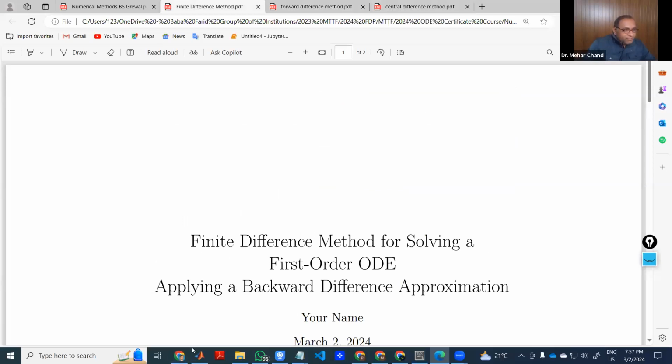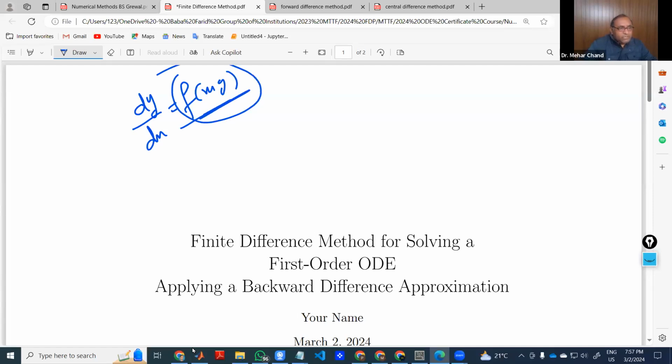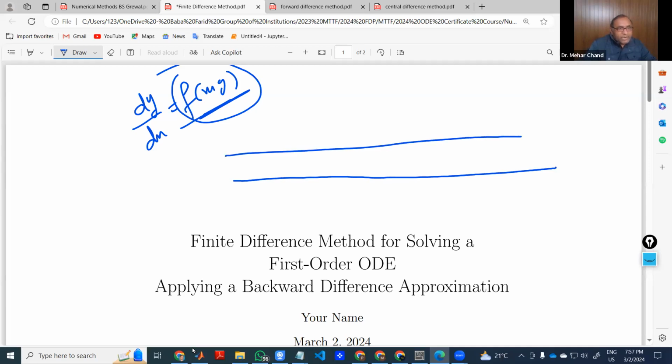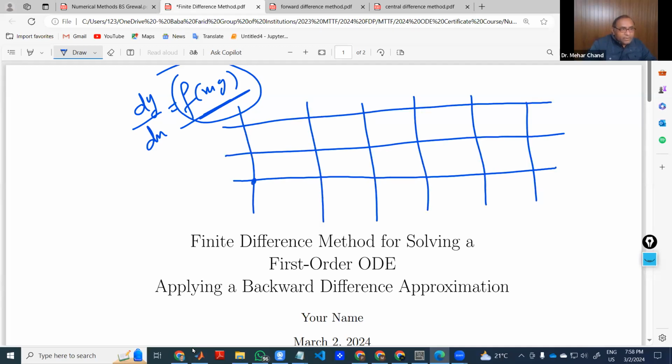See here, we have dy/dx = f(x, y), where f(x, y) is some function. So what is finite difference? Say this is t0, and here is tn. This point is ti, this point is ti-1, and this point is ti+1. Here is some graph.